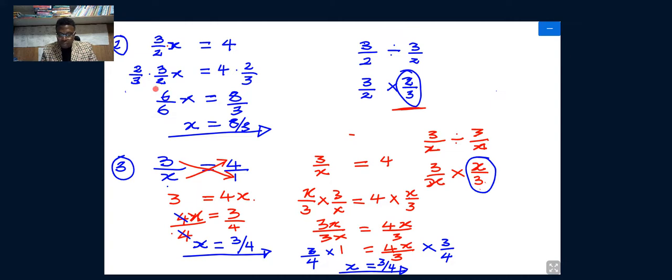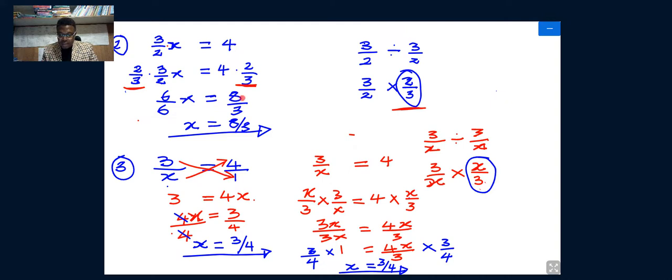So here, I take this 2 over 3, I multiply here, and then I multiply on the other side of the equation, because it's rule number 2, which is on the previous slide. When you multiply here, you get 6 over 6. 6 over 6 is 1. We all know.